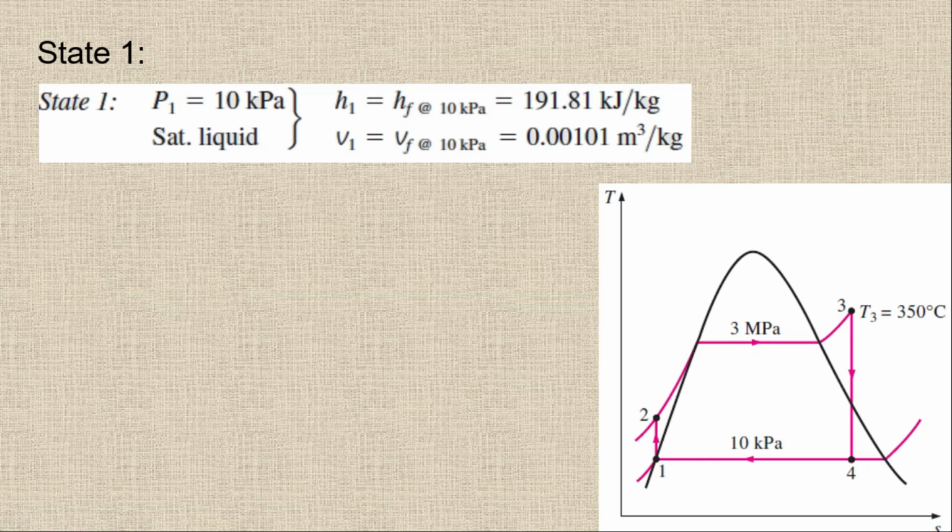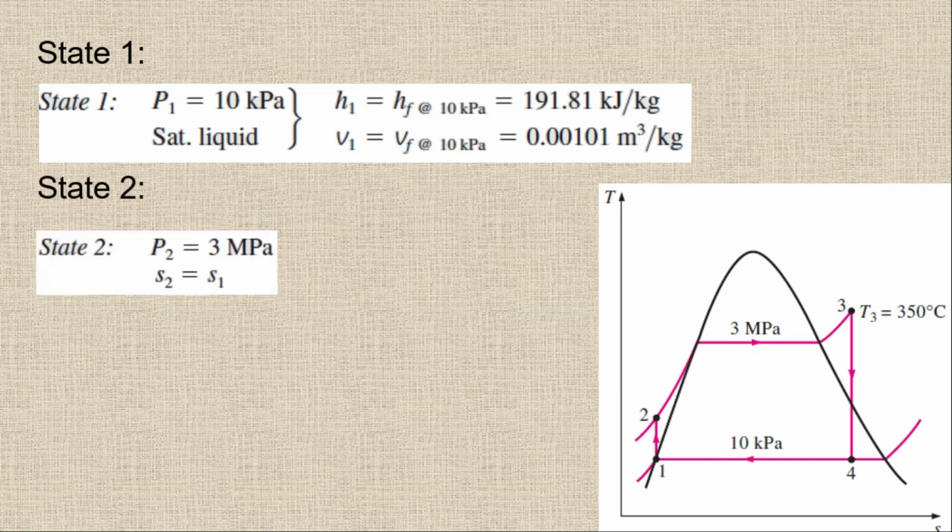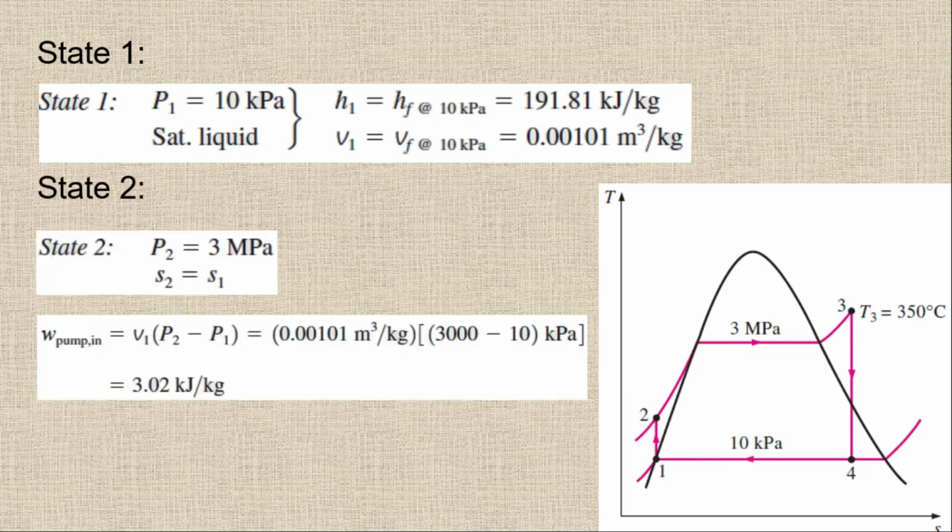For state number 2, we know that the pump work input is simply V1 (P2 minus P1). So we can easily find out the pump work input, and in this case it's simply 3.02 kilojoule per kilogram. We know the V1 value, and P2 and P1 are already given, which is 3 megapascal and 10 kilopascal.